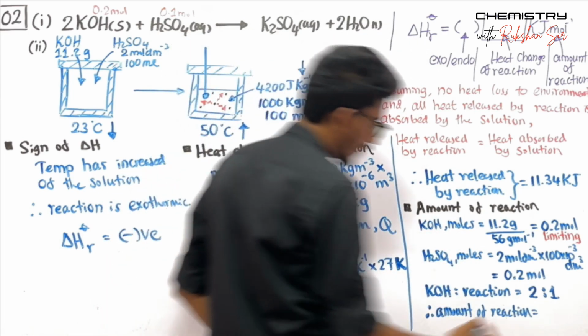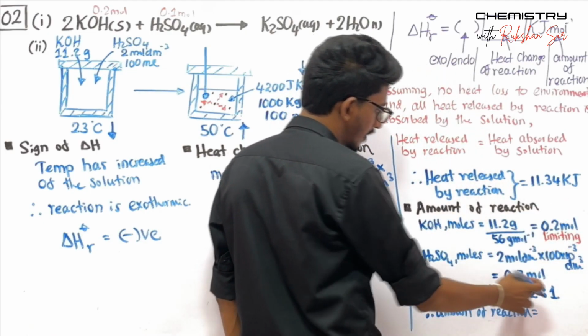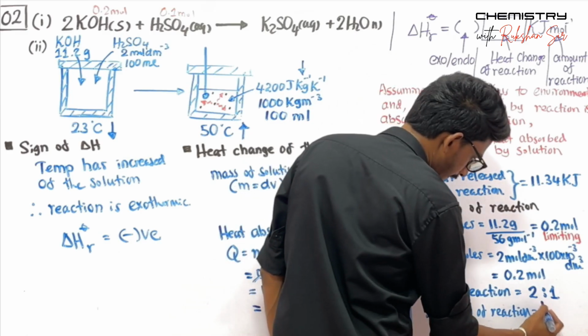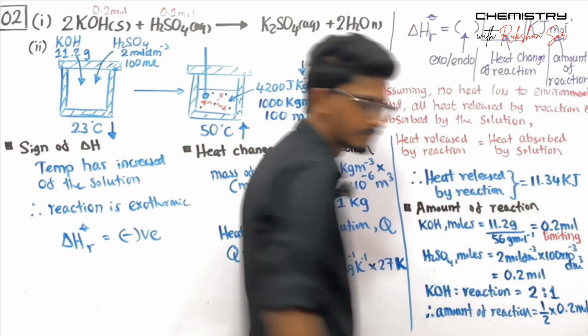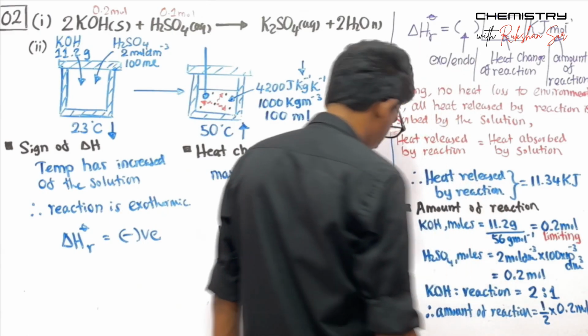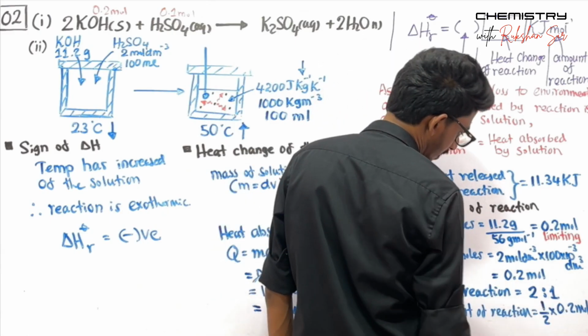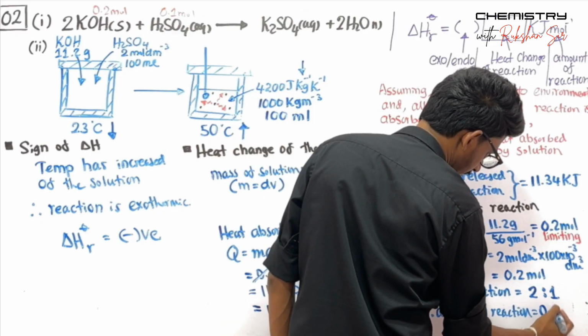So 0.2 representing 2 units, you just need 1 unit. So half times 0.2 is just 0.1. So the amount of reaction is 0.1 moles.